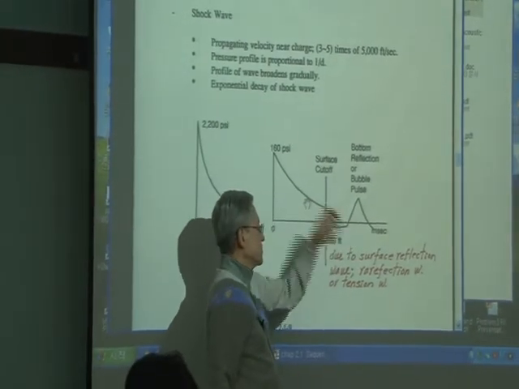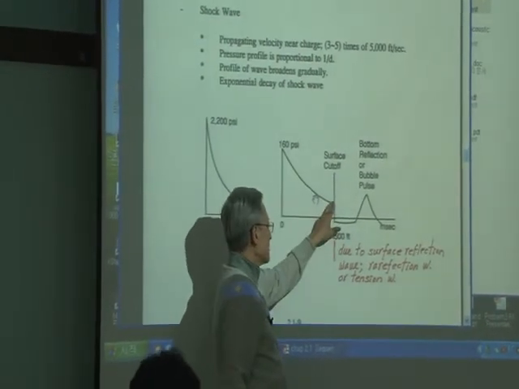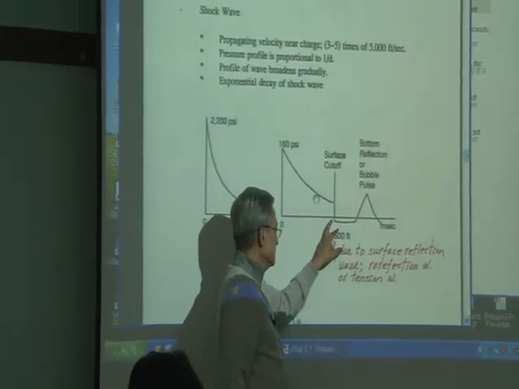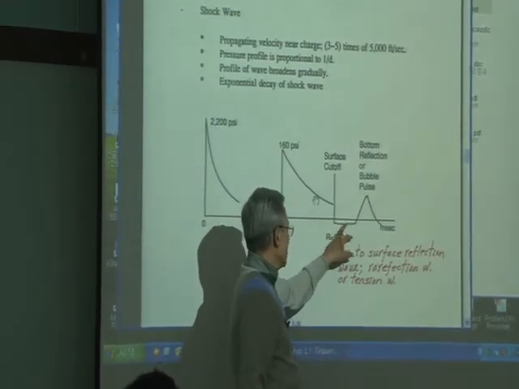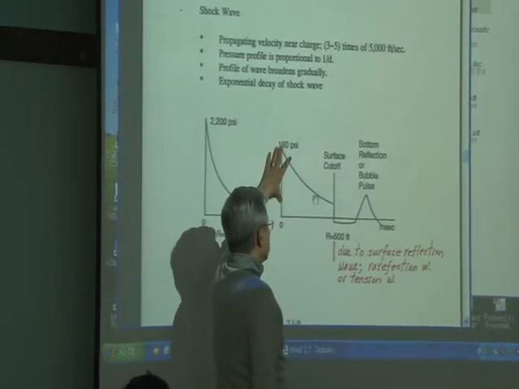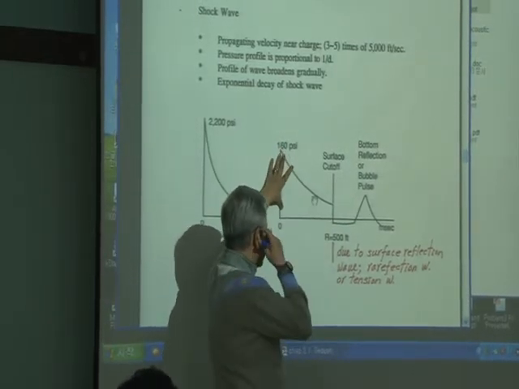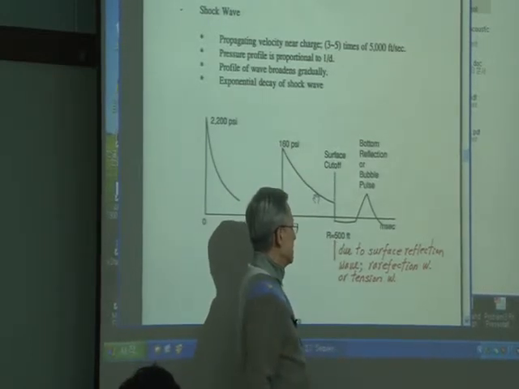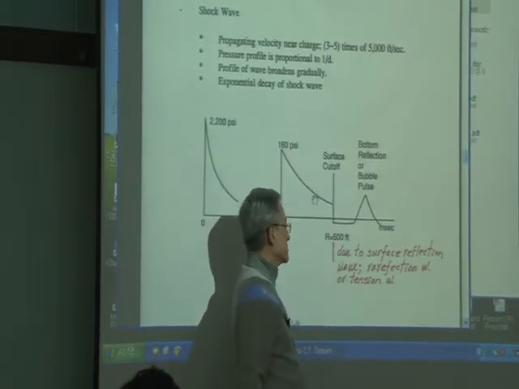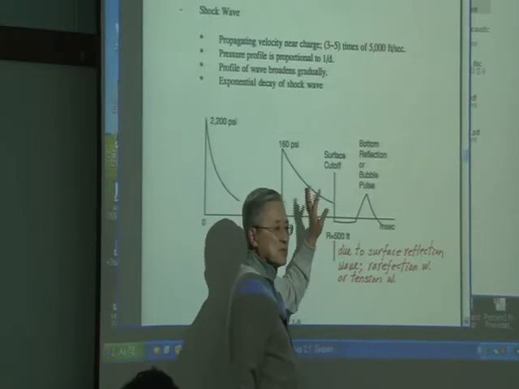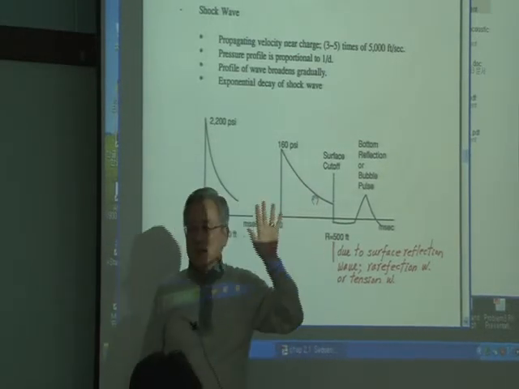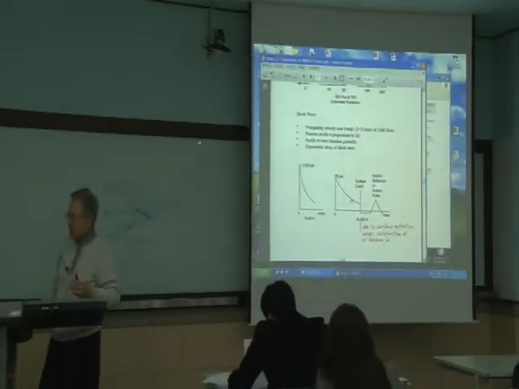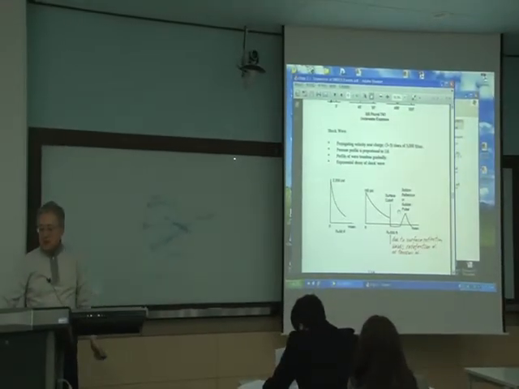Then when the rarefaction wave cuts off, okay? Then it's a little bit below 0. Depending on this, if this is a dynamic pressure only, then it could go below 0 a little bit, a few psi. So this is a typical pressure profile as you look at the test result.